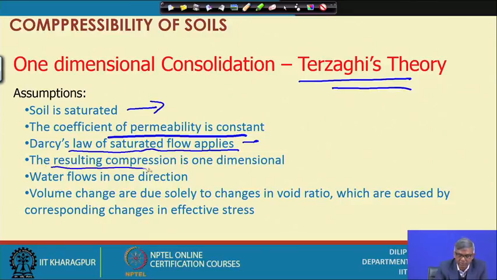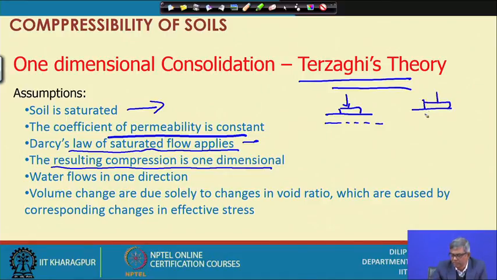The resulting compression is one dimensional, that is another important assumption. That means if there is a clay layer and I apply load through the soil, then the compression is assumed to go vertically like this. But normally, if I apply load like this, the compression will be something like this; when it is compressed, the soil will be displaced to this side.